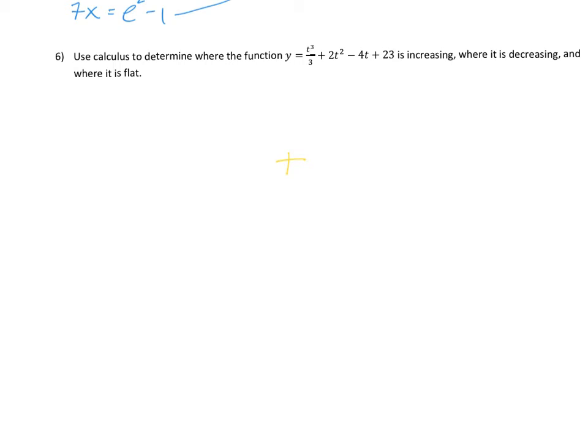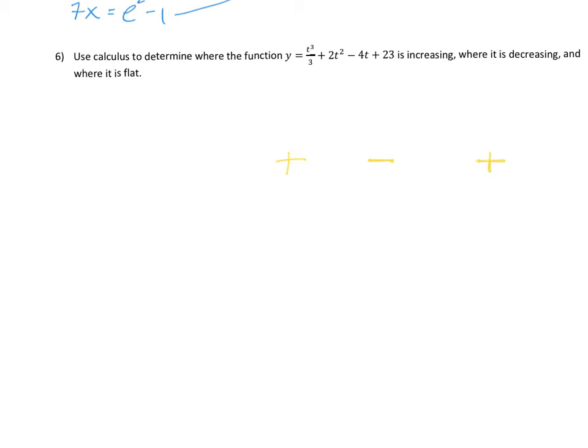And then I'm going to plug in something between negative 4.83 and 0.83, like 0. If I put a 0 in for t, I get negative 4, so I get a negative. And then put in something bigger than 0.83, like 10, and I get 100 plus 40 minus 4. That is going to be a positive number.